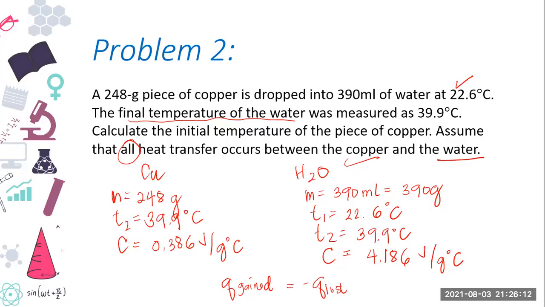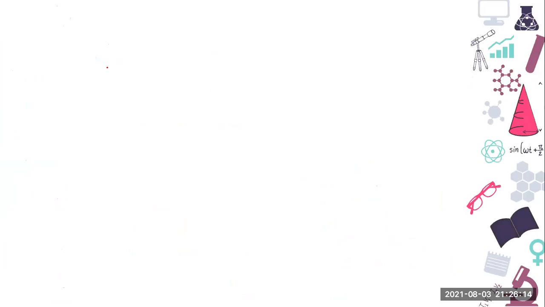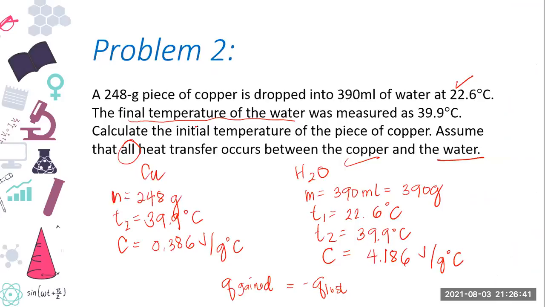So let's continue. I'm rewriting those: Q gain equals negative Q lost. Which gained temperature? The one which gained temperature is actually water, because as you can see from the problem, the final temperature of the water was measured at 39.9.